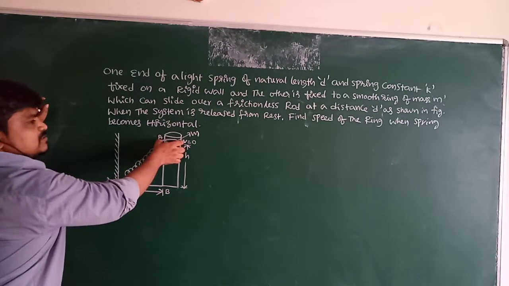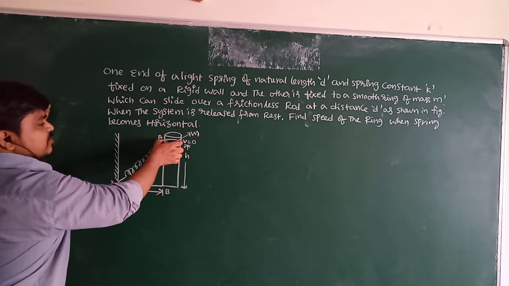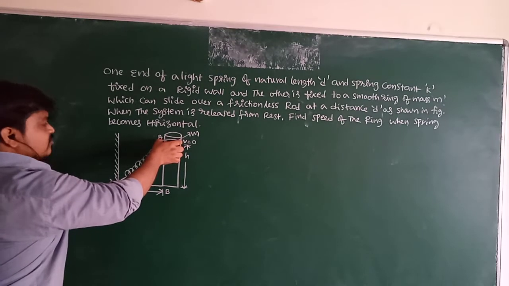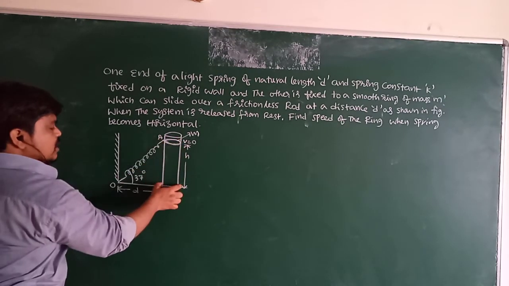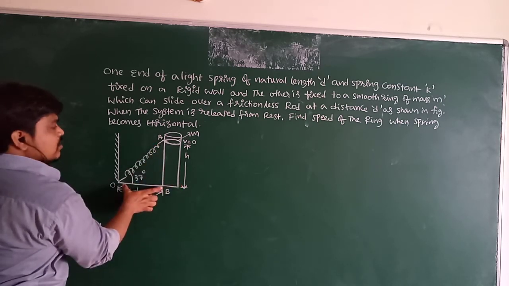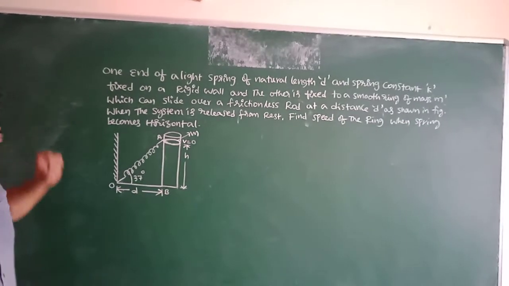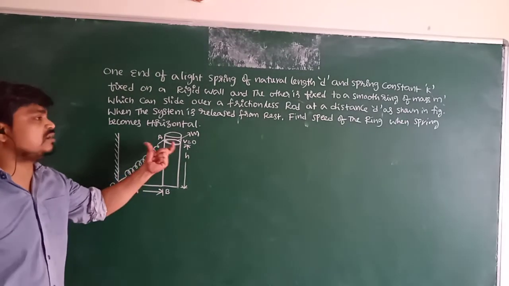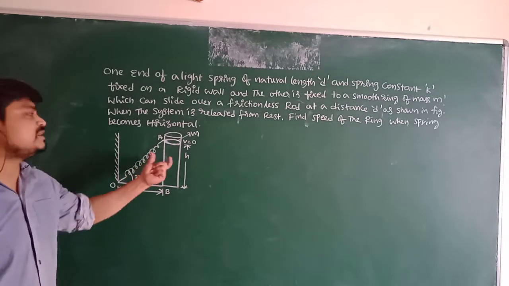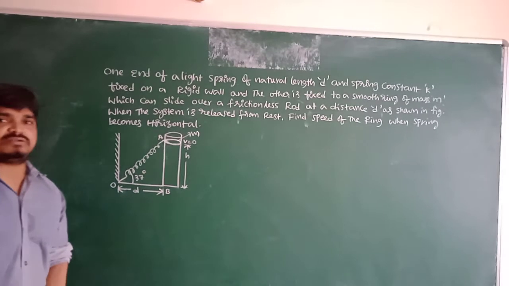When the ring is released from rest and comes to the bottom of the rod and the spring becomes horizontal, we have to find the speed gained by the ring.